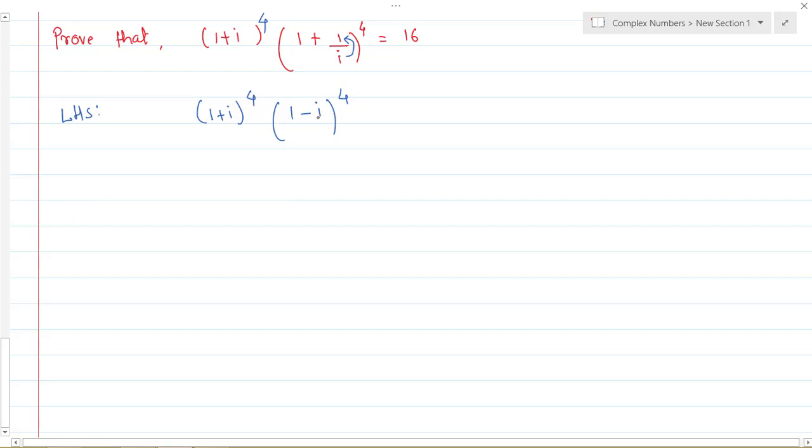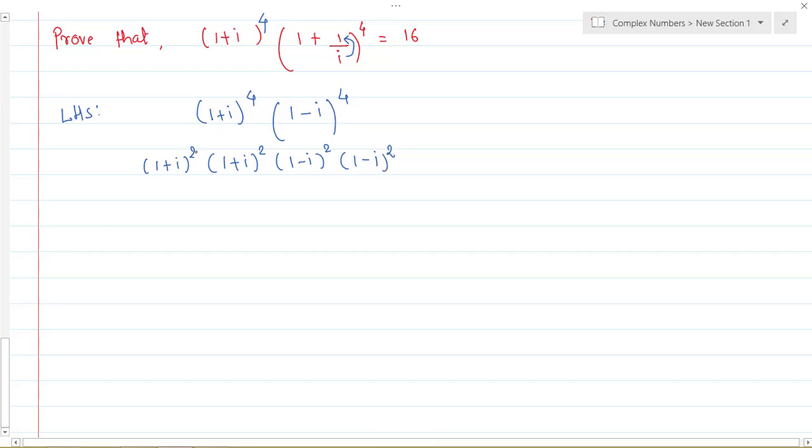Okay, now what you will do? See here, (1 plus i) to the power 4 can be written as (1 plus i squared) squared, and (1 minus i) to the power 4 can be written as (1 minus i squared) squared.